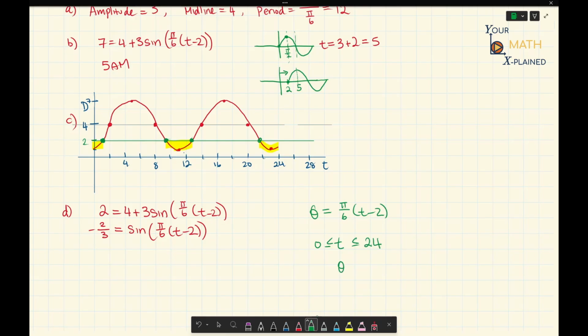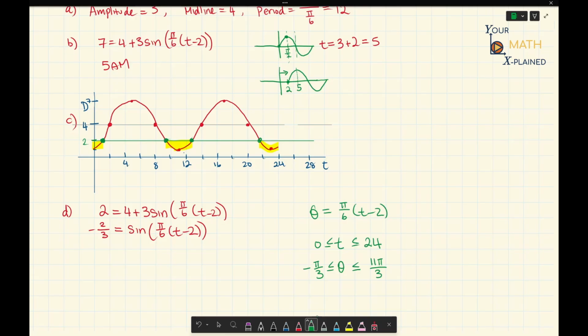So theta is going to be greater than pi over 6 times (0 minus 2), so that'll be negative pi over 3, and it'll be less than (24 minus 2) times pi over 6, so that is going to be 11 pi over 3. So that is going to be the domain that we're working with for our variable theta.